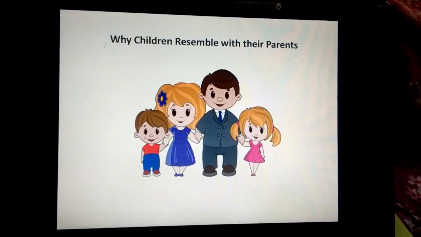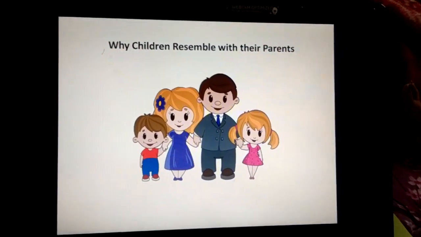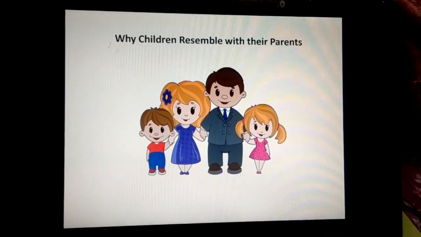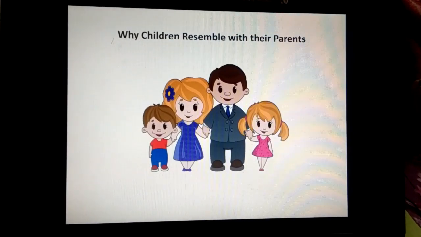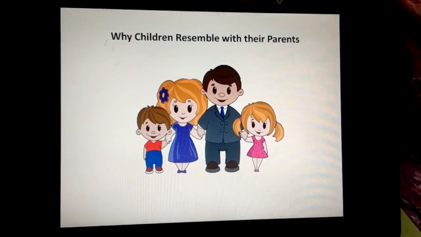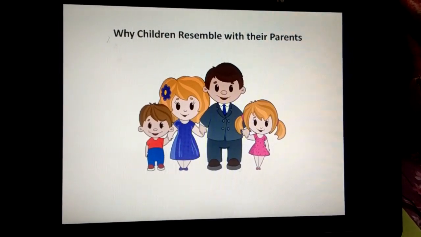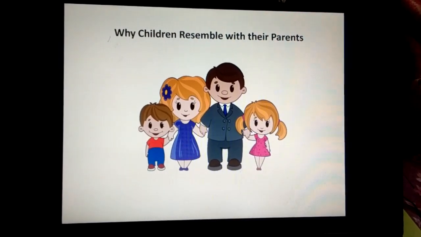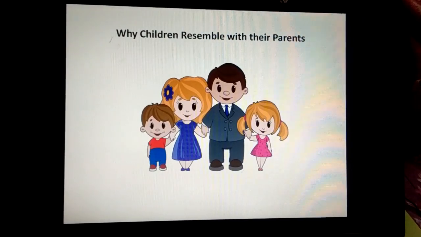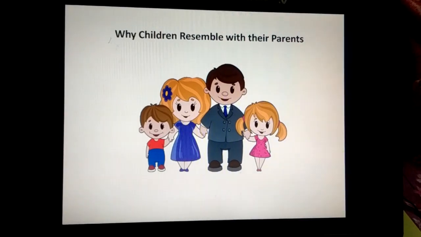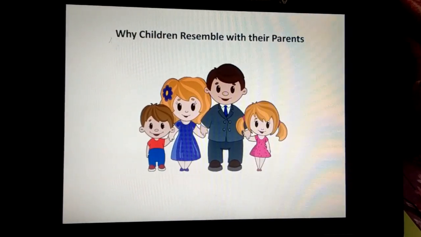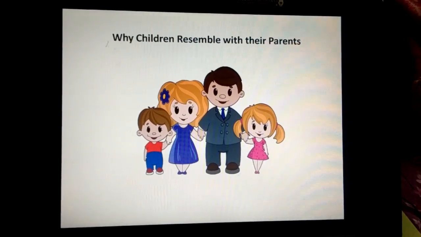Why do children resemble their parents? Children mostly resemble their parents. This resemblance is because children inherit certain features of their parents, such as shape, color of the hair, eyes and face, etc. Some children also resemble other members in the family like grandparents or aunts or uncles.